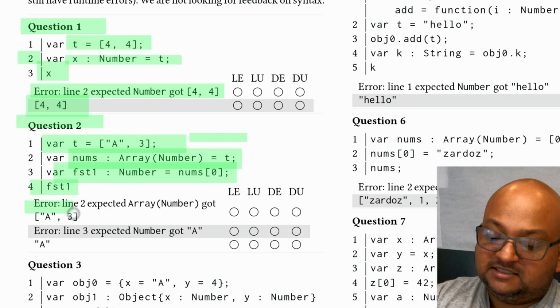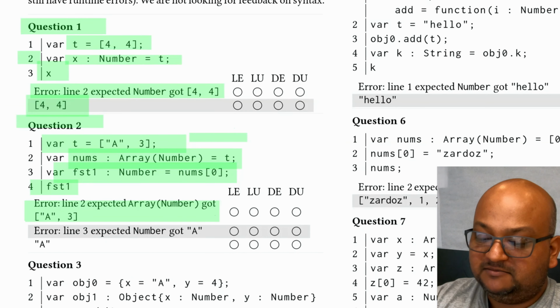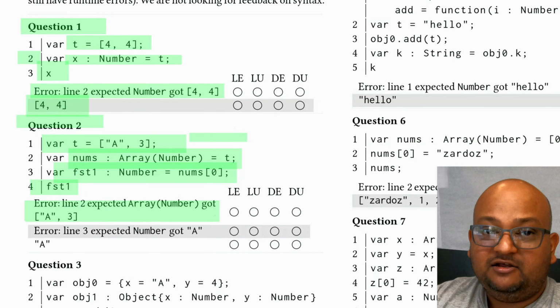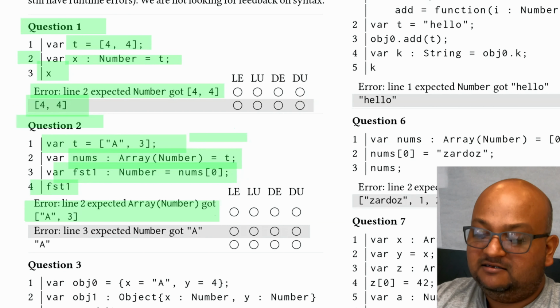One option, the strongly typed option, is that right on line 2, where we were assigning the array t to nums, it would complain about not getting an array of numbers because one of the elements was a string.